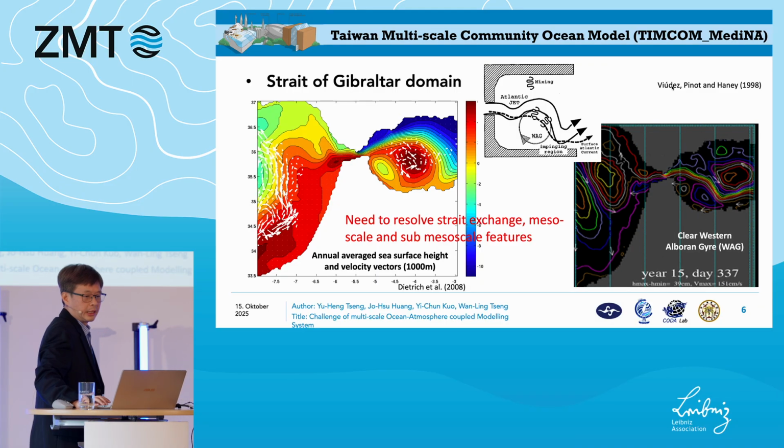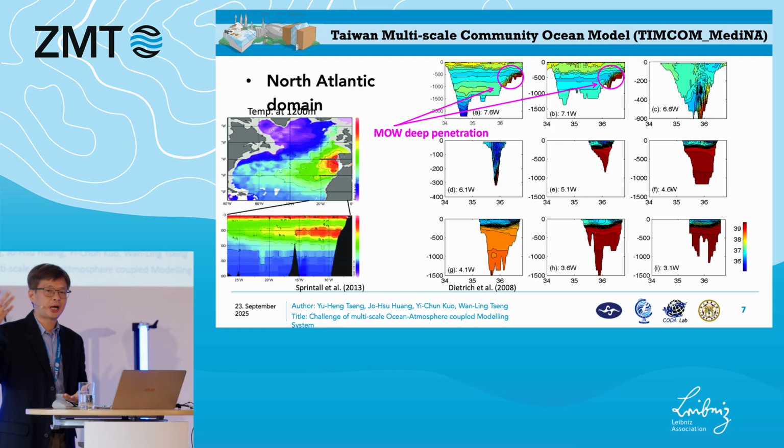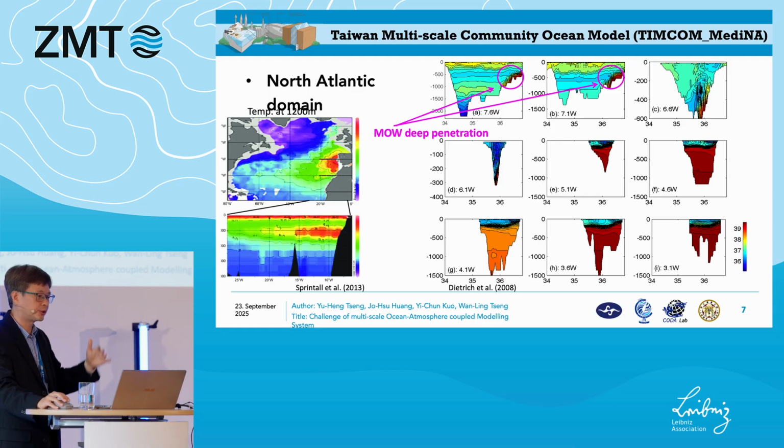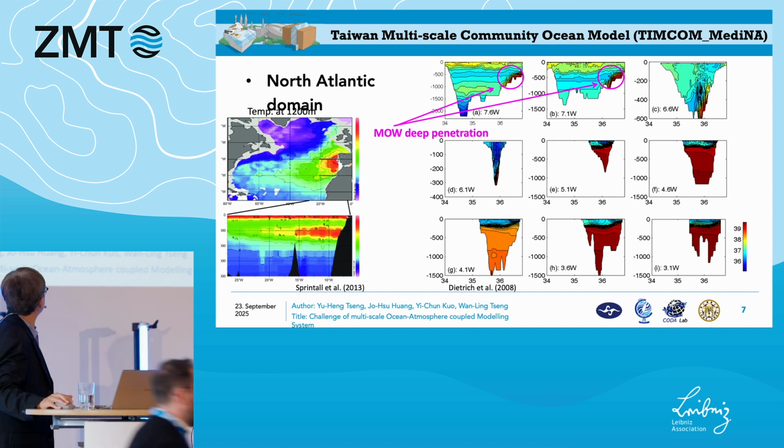Under the upper ocean, there is also the deep ocean. There is a very common feature we call the Mediterranean overflow waters, which come from the Mediterranean Sea and move into the North Atlantic. This is the temperature at around 100 meters.